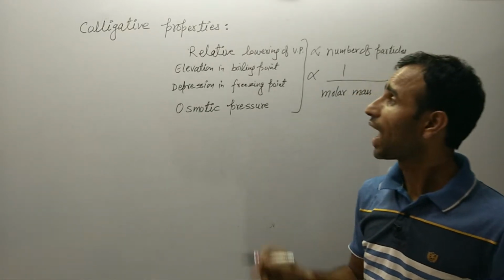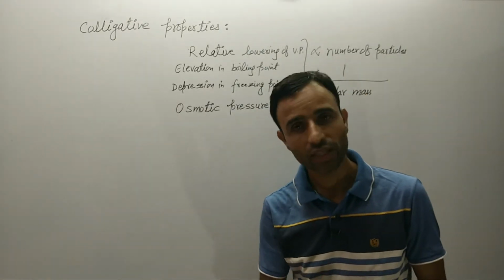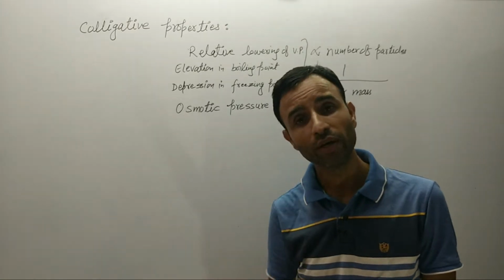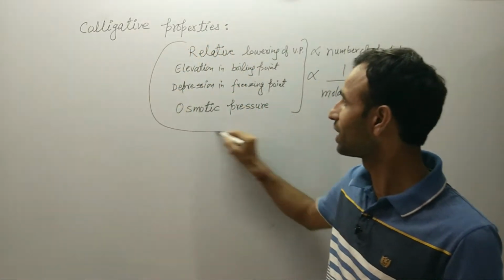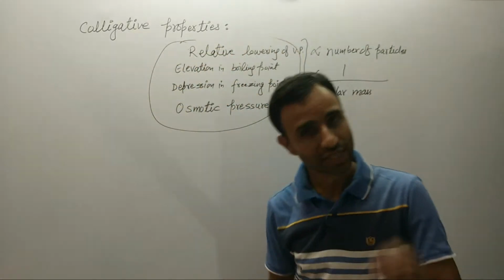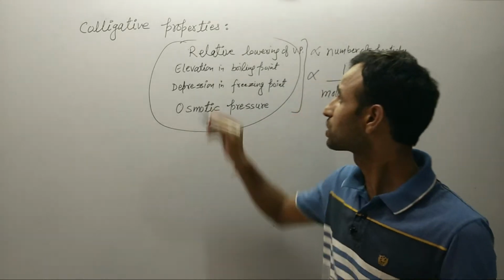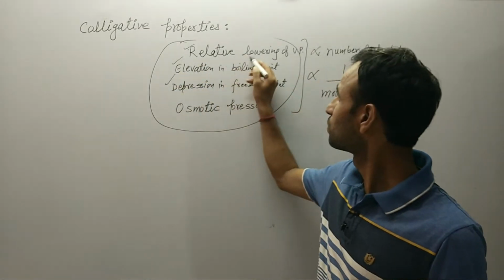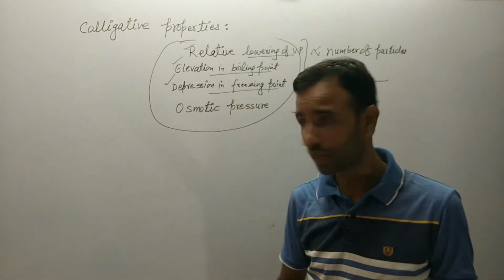Now, colloidal particles are bigger in size than the true solution particles. That's why their molar mass should be more, and that's why their colligative property values are less, because these three represent a difference: difference in vapor pressure, difference in boiling point, difference in freezing point.